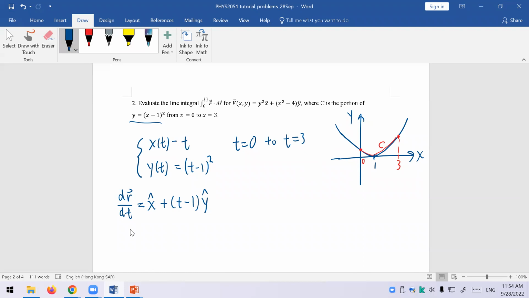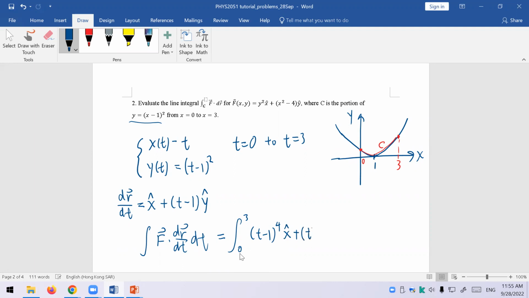So now the line integral from 0 to 3. And then again, my field is here. Need to convert all that to t, right? So y square, that means it's t minus 1 square. So it's t minus 1 to the power 4. And then x square minus 4, right?